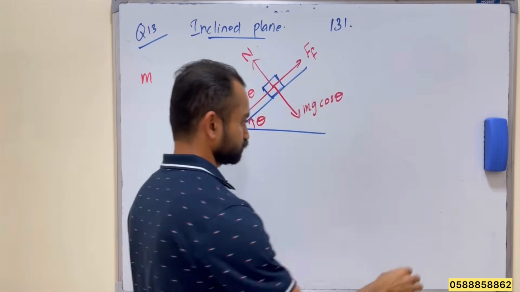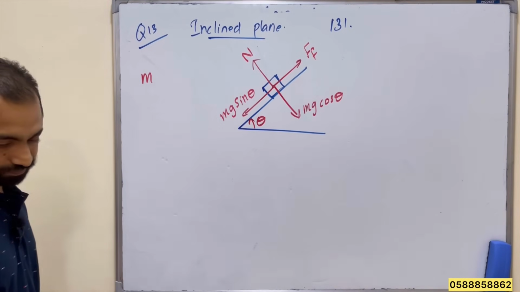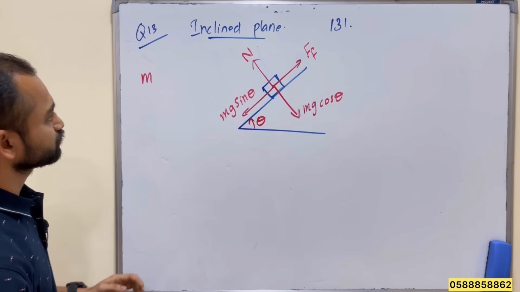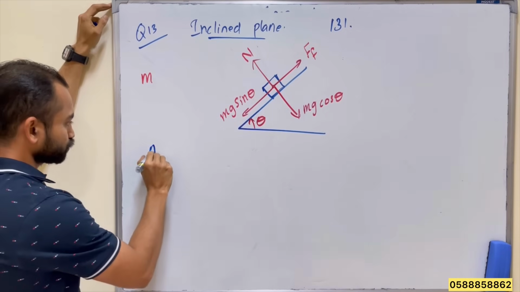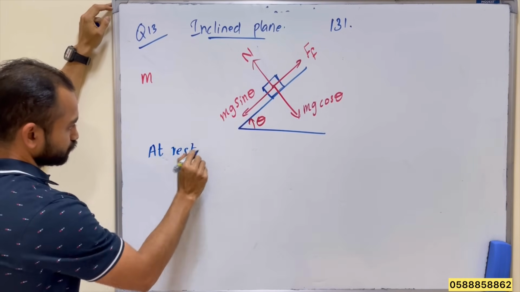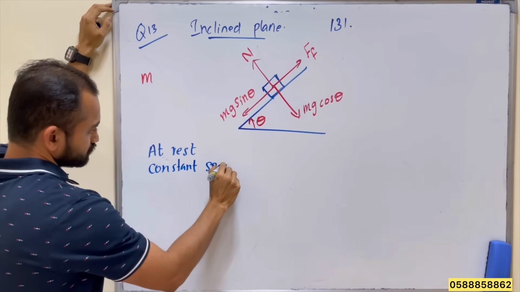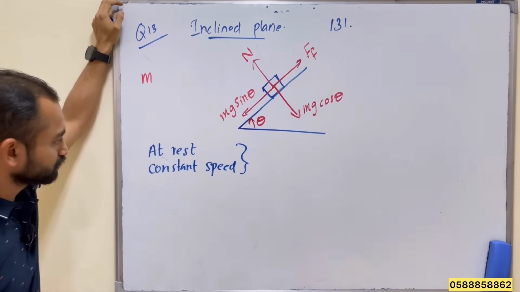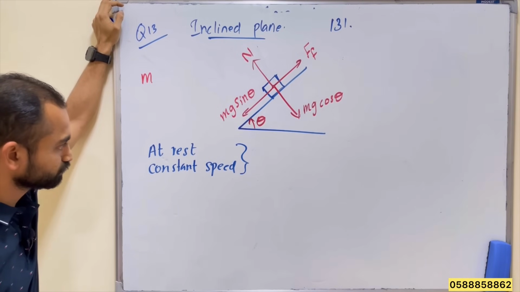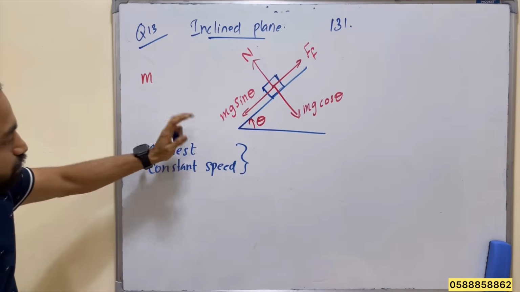Before going to the questions, we will form some equations here. If the block on this plane is at rest or moving at a constant speed, rest and constant speed are the same thing, and every equation will be the same for both.